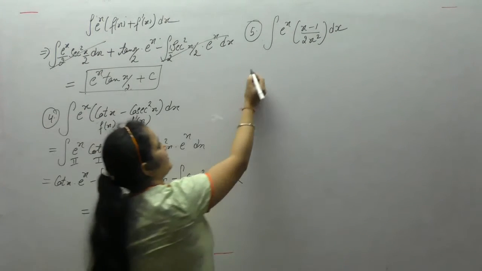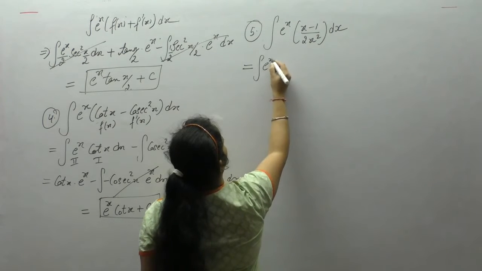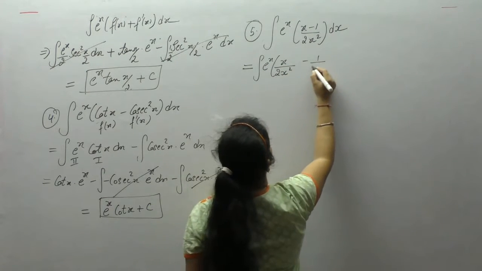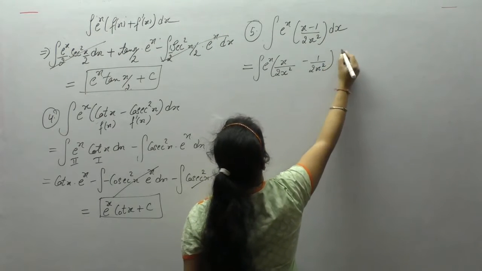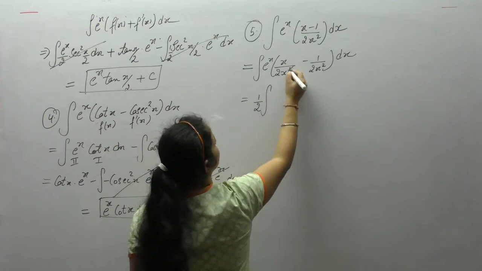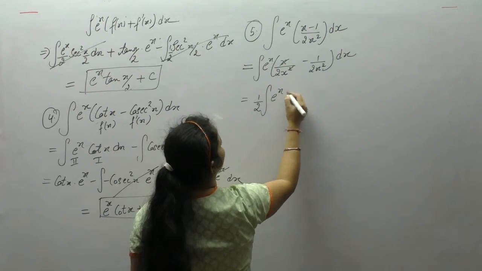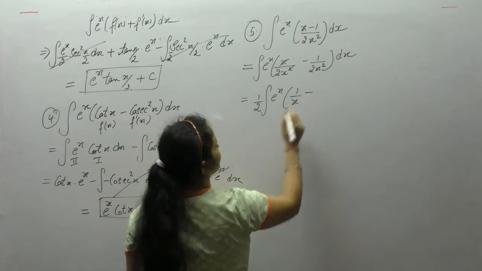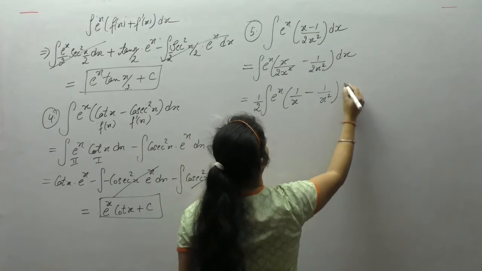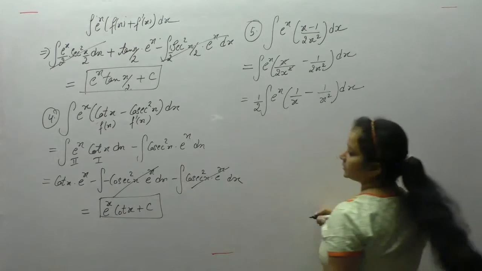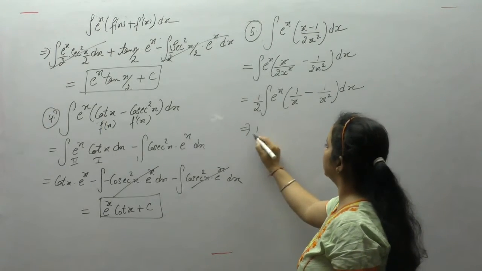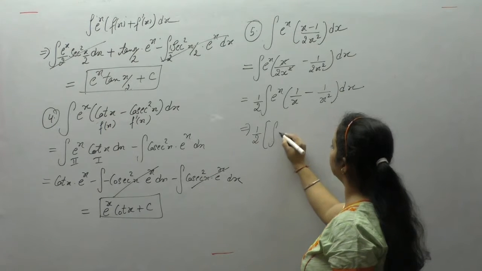Now first we separate the terms. e^x, x upon 2x square minus 1 upon 2x square dx. 1 upon 2 is constant, so we can write as e^x into (1 upon x minus 1 upon x square). Now we know the derivative of 1 upon x is minus 1 upon x square. 1 by 2 is constant.